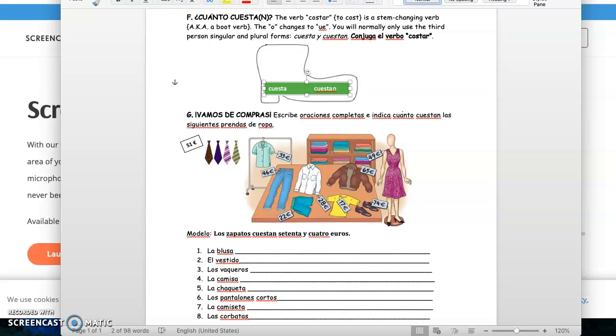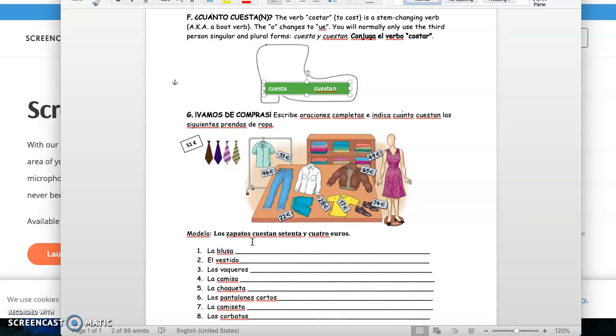Okay. Por ejemplo, si nos fijamos en la mesa, vemos los zapatos. ¿Y cuánto cuestan los zapatos? Pues el modelo dice que los zapatos cuestan 74 euros. The shoes cost 74 euros.